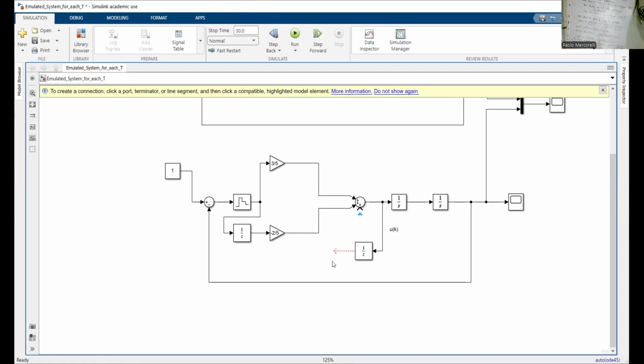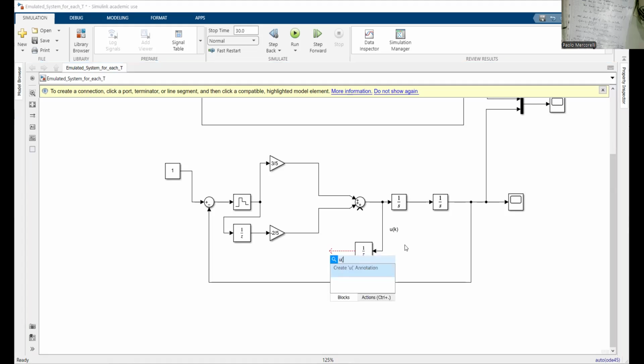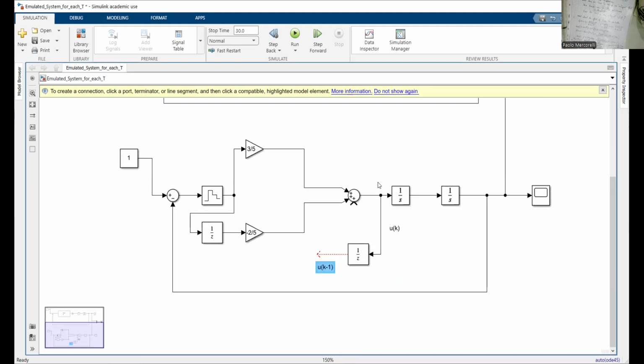Do you agree? This is the shifting which realizes the delay of u of k. This is u of k. And here I have to multiply by 1 minus t. This means, let me copy this, for instance. Now it's better if I do it. You can improve the form a little bit.